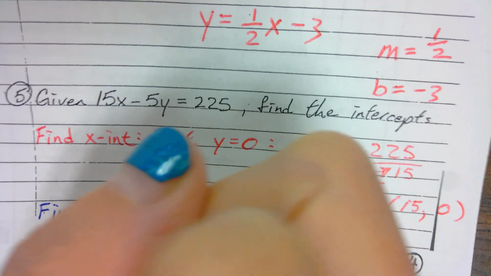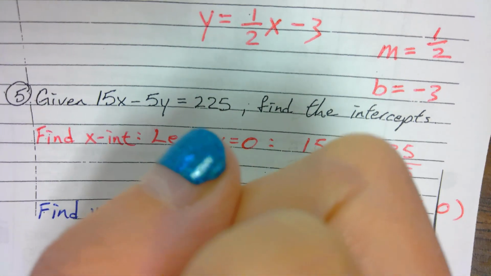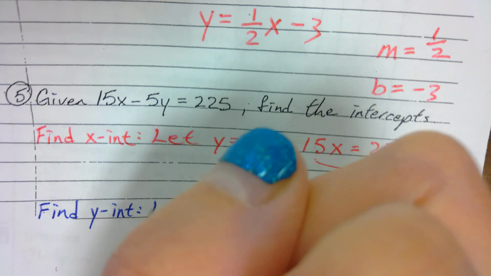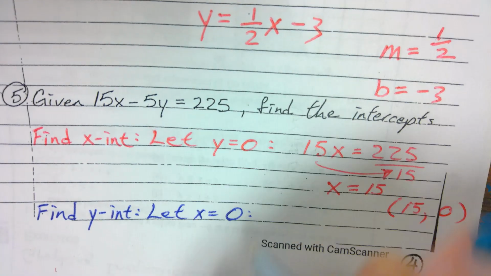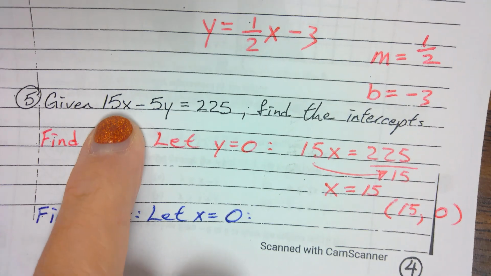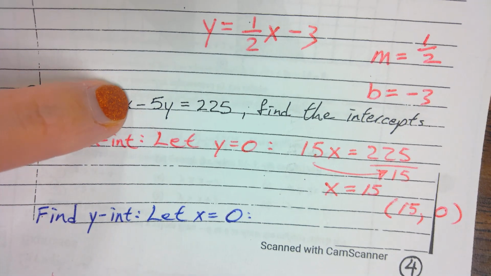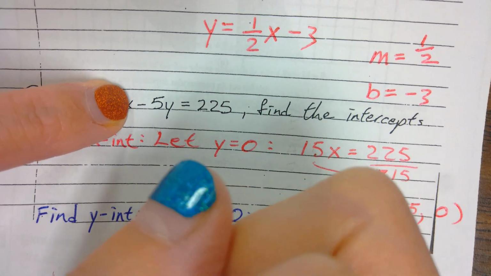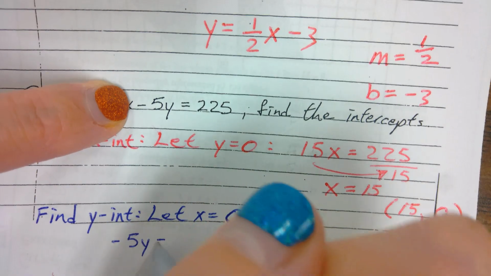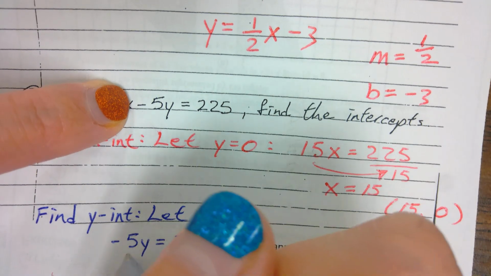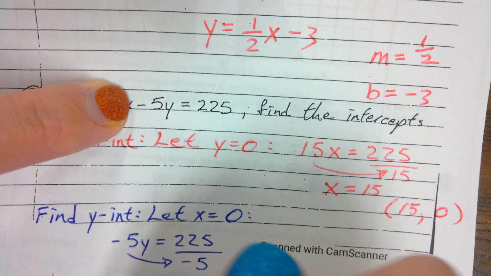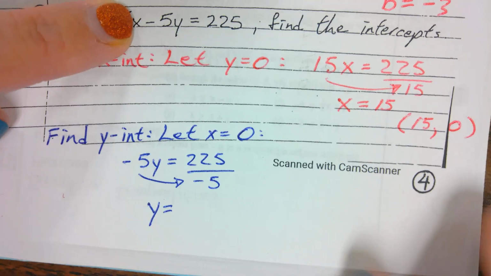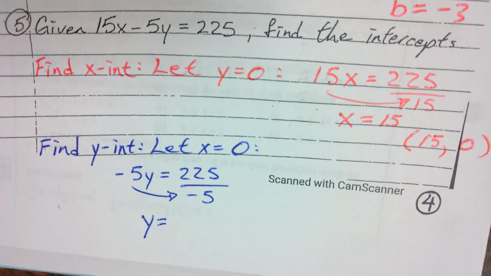Similarly, to find the y-intercept, Adrina, what do I let? Let x equal 0. Perfect. When x is 0, anything times 0, that's gone. So what am I left with? Negative 5y equals 225. Divide that by negative 5. So y equals 225 divided by negative 5.